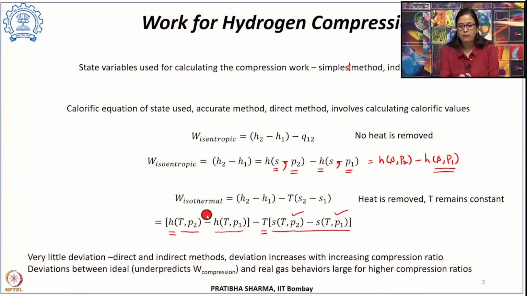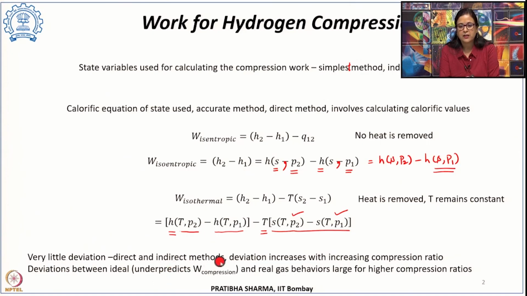Now if we calculate this say for real gases, it is found that there is very little deviation whether we use indirect method using the state variable or equation of state, or whether we use the calorific equation of state and calculate using the direct method, the deviation is very little.